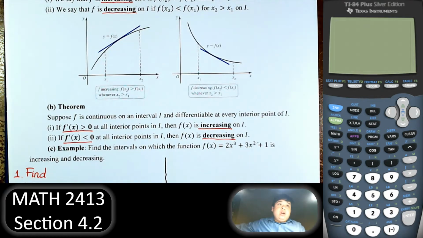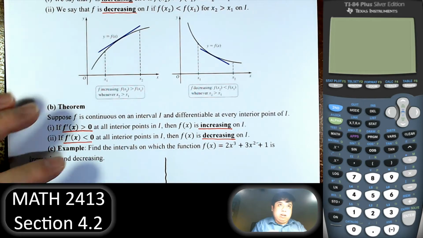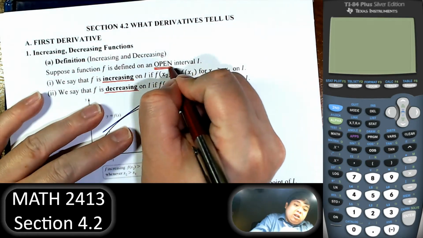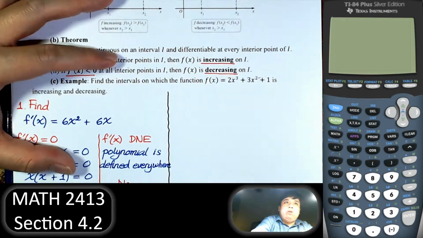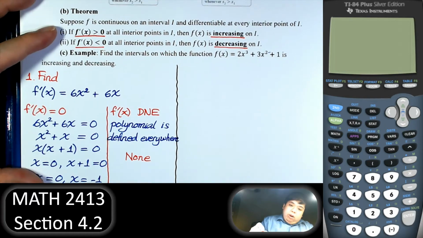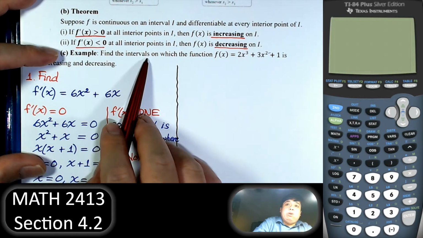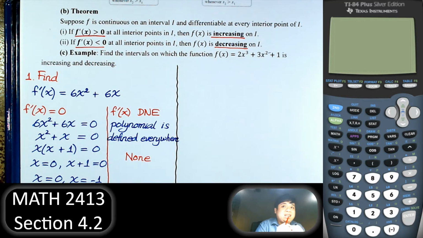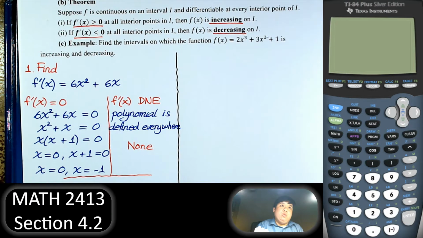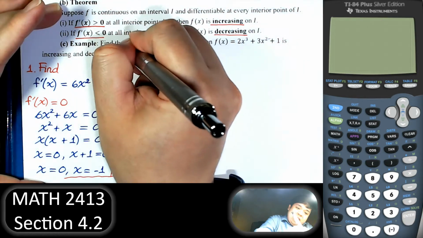We are asked to see where the function is increasing or decreasing, so an interval for increasing and decreasing. And the definition is it is only defined on an open interval. So since we are asked to find an interval, we are not asking to find the points. So we don't need to know if the point belongs to the domain or not. So here's the little note: we are asked to find an interval.